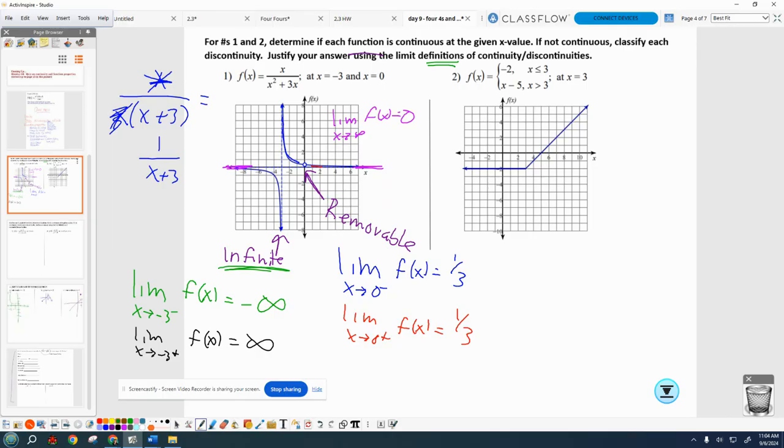What's actually happening at 0? The open circle, so what does that mean? What about f of 0? Yeah, it doesn't make sense. So either f of 0, I don't have a value, or f of 0, whatever it is, it's not 1/3. Okay? So that's all the information you need to do these.